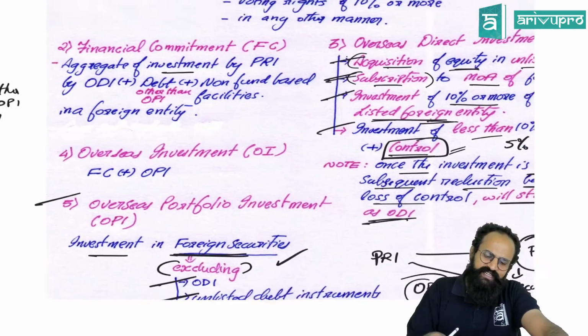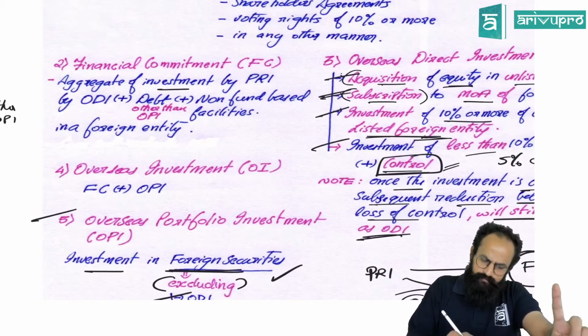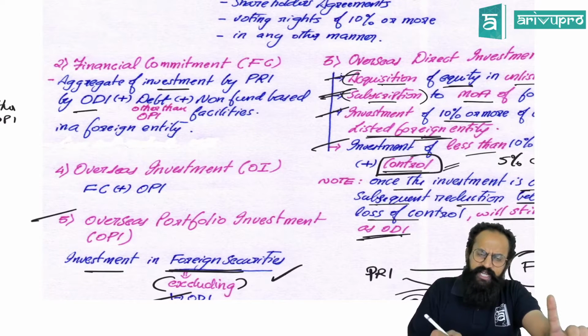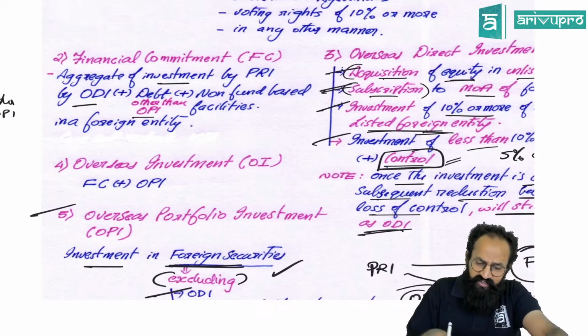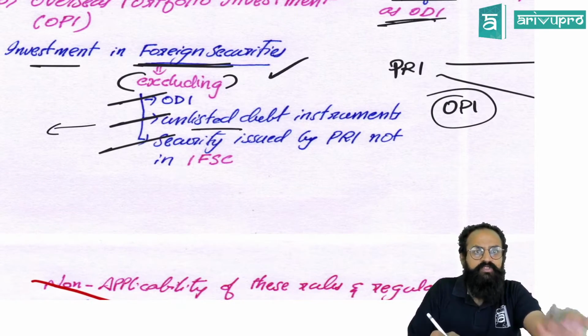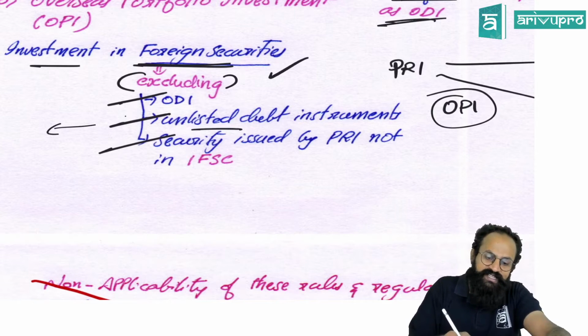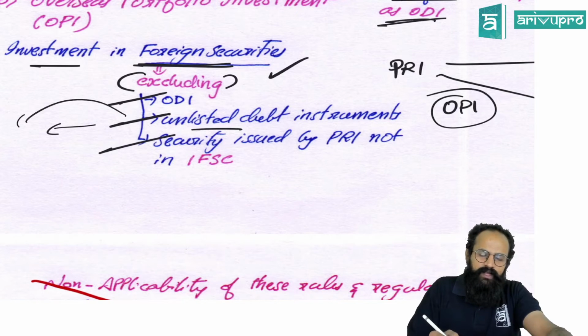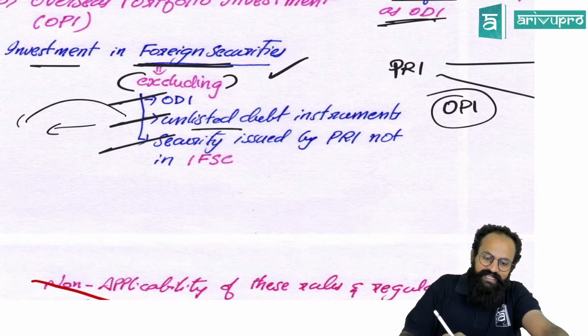Now, what does the financial commitment definition say? ODI plus debt other than OPI. What is the debt other than OPI? What was OPI? Listed debt instruments. What is other than OPI? Unlisted debt instruments.